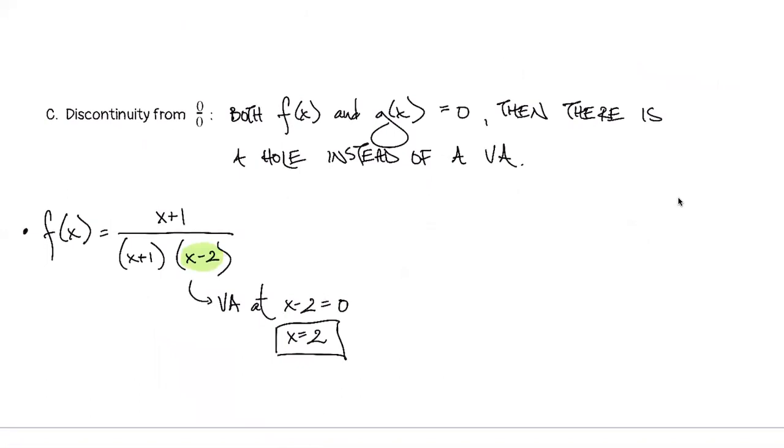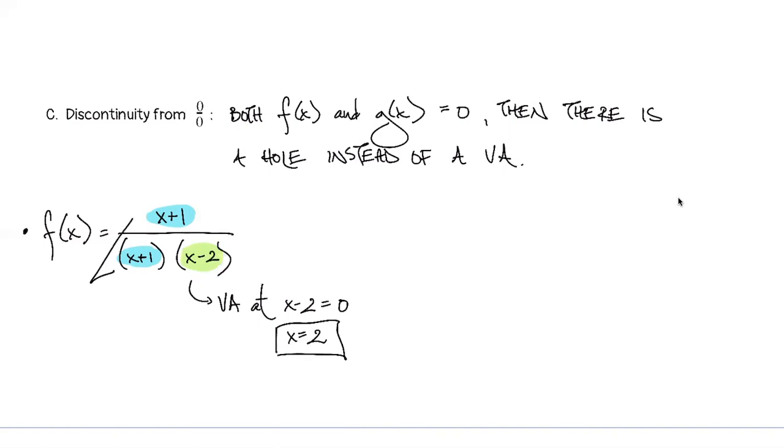But tell me what's happening with this x plus 1 factor. How is that one different? There's an x plus 1 on the top and an x plus 1 on the bottom. So we wouldn't say there's a vertical asymptote there. What's happening there? Yeah, exactly.